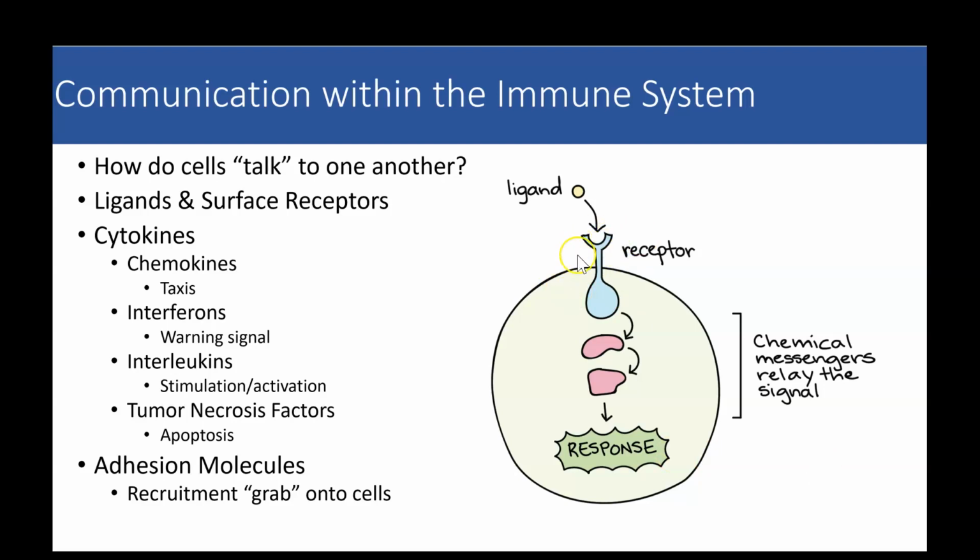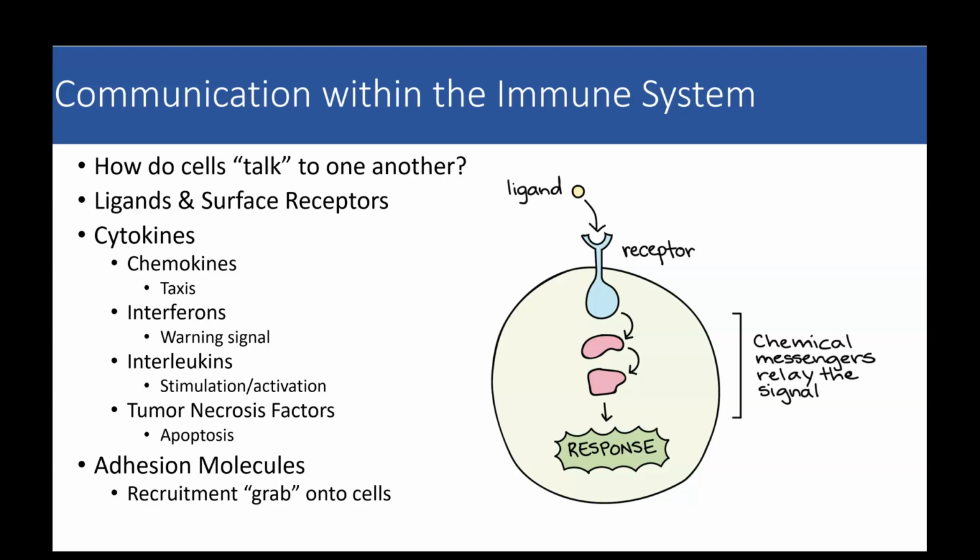And when that receptor is ligated by something very specific, a very specific type of smoke or some type of molecule that's going to attach to that receptor, it's going to set off a series of signals that eventually get to the sprinkler system and turn that sprinkler system on. And that's kind of how chemical messengers work within our body.